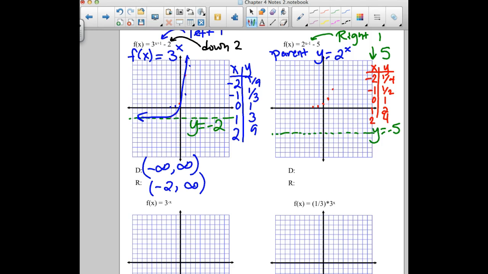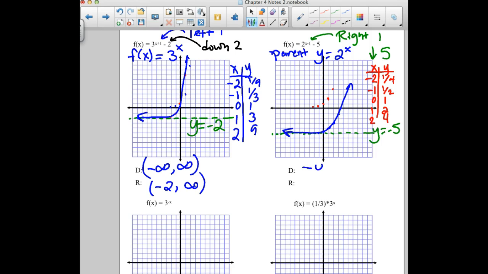And then we are going to shift them right 1 and down 5. All right, right 1, down 5. All right, so our graph has moved down here, leveling off just above the line y equals -5.